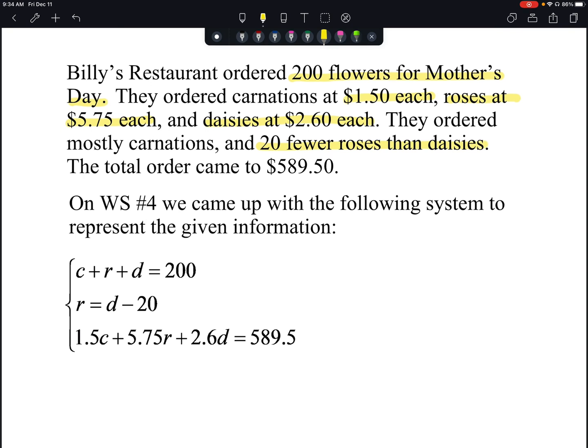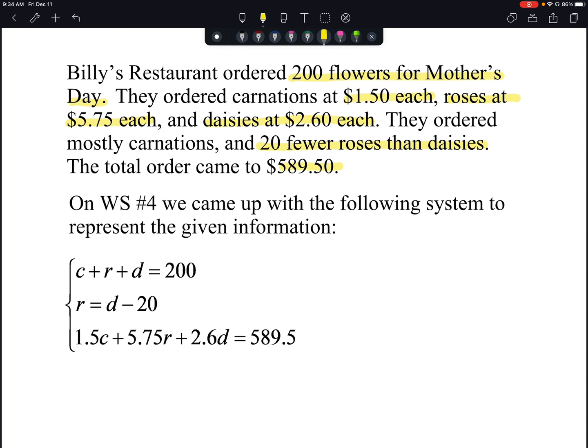So the total order came up to $589.50. It says on worksheet 4, we came up with the following system to represent the given information. So we see that here down below. And you may or may not have had the exact same equation, but it's okay. So we want to take this now and try to solve it using matrices.